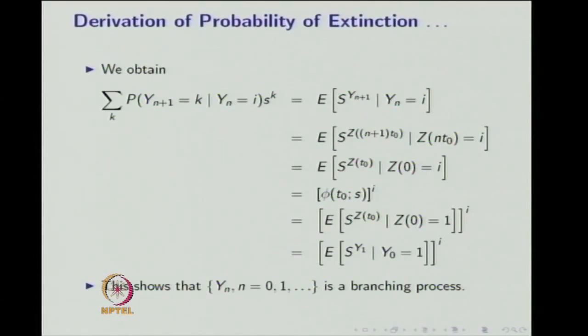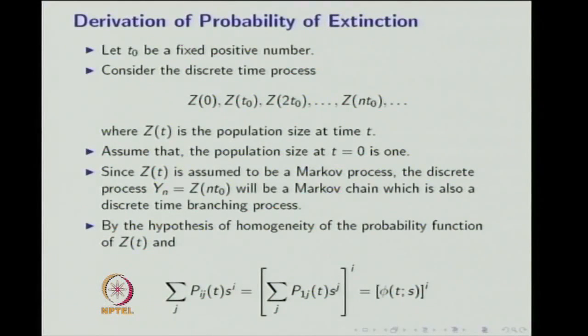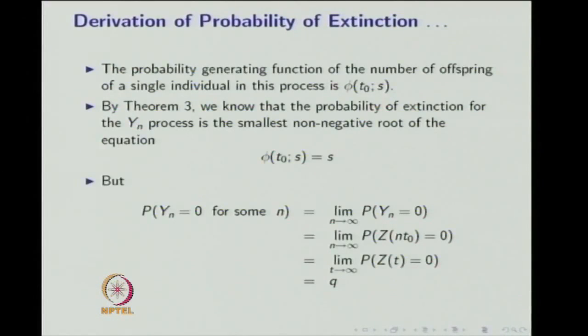So, using this we have proved that Y_n is a discrete time branching process. The probability generating function for the number of offspring of a single individual in this process is psi(t_0, s).